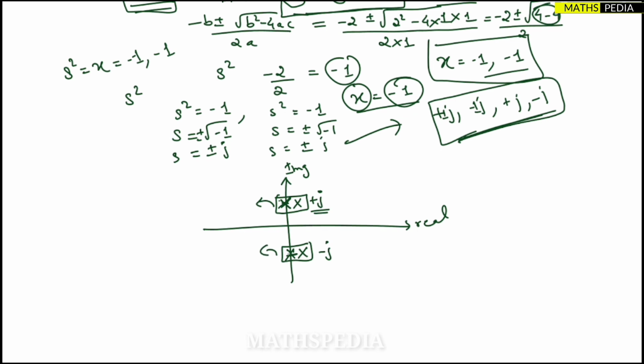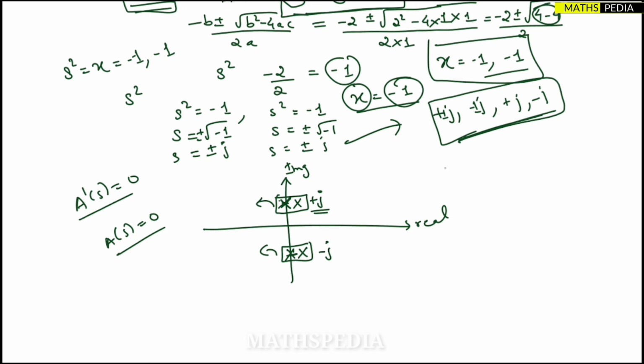Here you need to understand that we have to solve only the first auxiliary equation. No need to solve the second auxiliary equation, since the roots of the second auxiliary equation, that is a dash of s equal to 0, are nothing but roots of a of s itself. Okay, so no need to solve for that second auxiliary equation. We have to predict the stability of the system from the first auxiliary equation only. Okay.